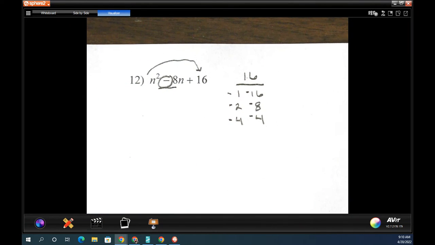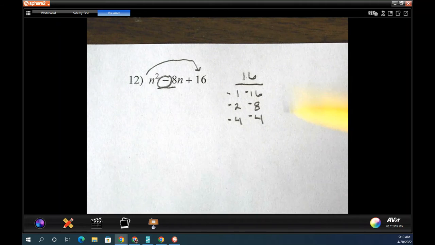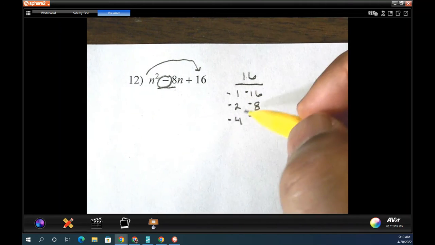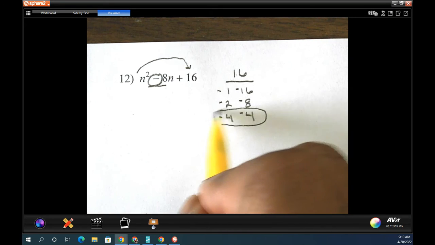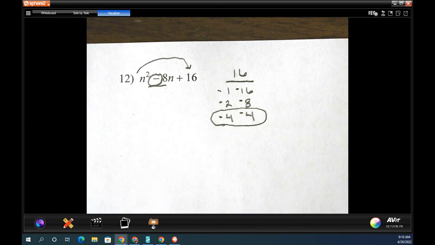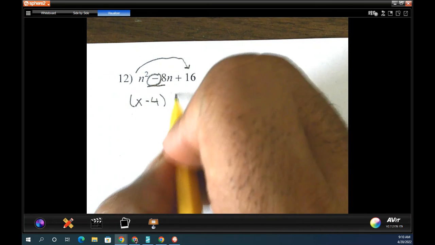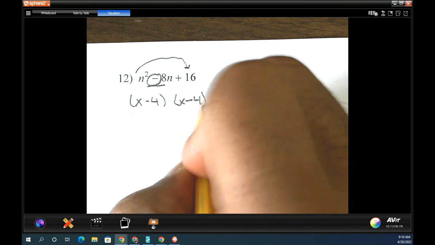Take your calculator. You can put in negative 1 plus negative 16, and you'll see. You can do each one of these. But the two factors that add up to negative 8 are negative 4 and negative 4. Now, here's the thing. Y'all would write it x minus 4 times x minus 4, right?